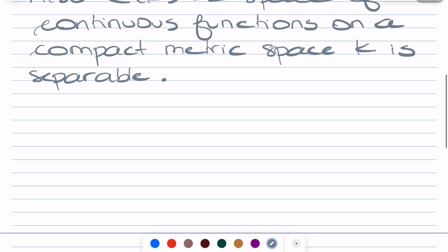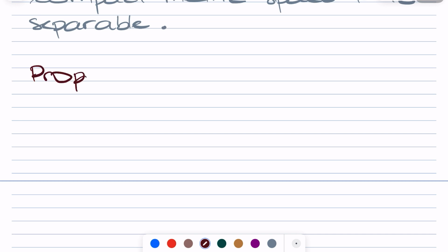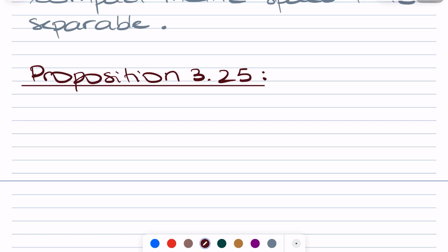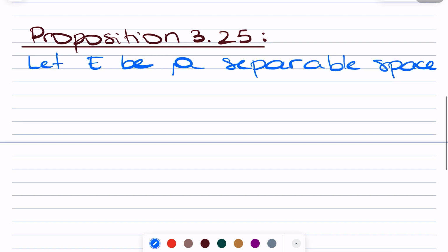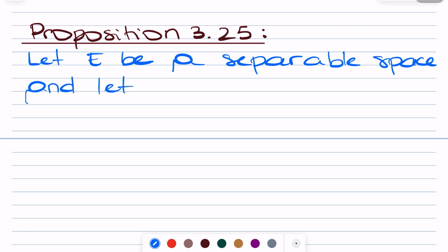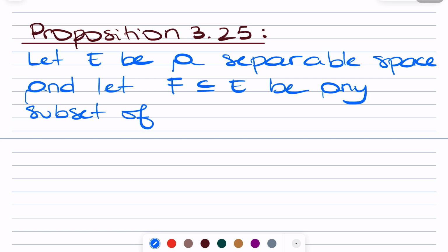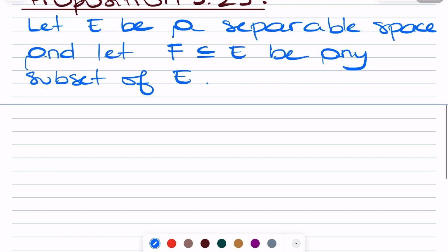Good, so let's state our first proposition. Proposition 3.25, in continuation of the previous video. Let E be a separable space, and let F be any subset of E. Then F is separable.